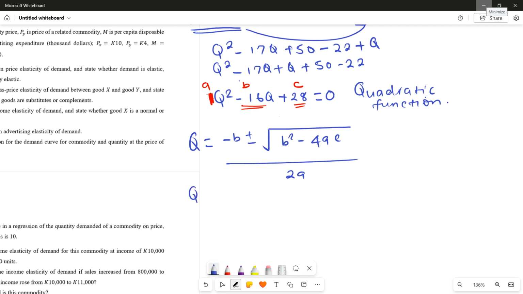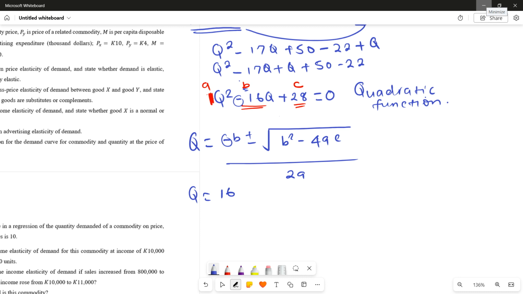Great. So our q is going to be equal to, now the formula is negative b, and our b there is already negative, it is negative 16. So that negative and this negative will cancel each other, meaning that the answer we put here is just positive 16.